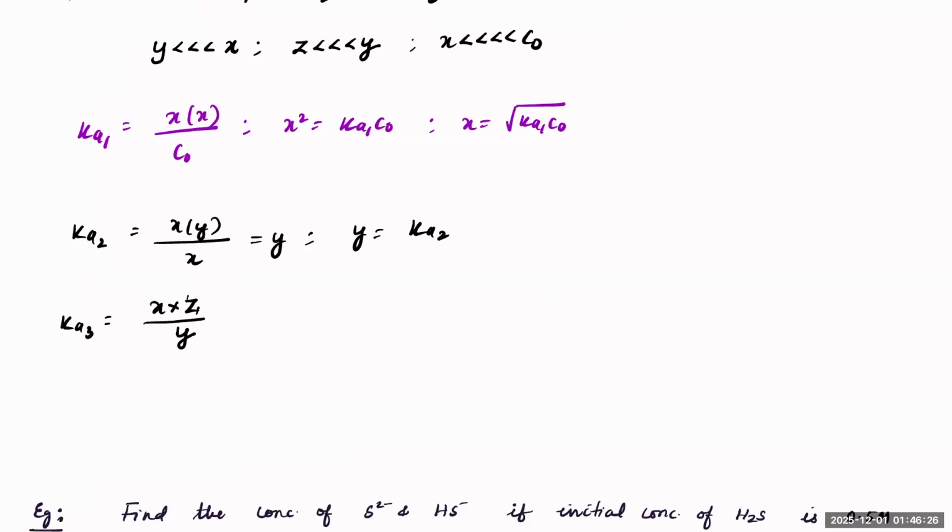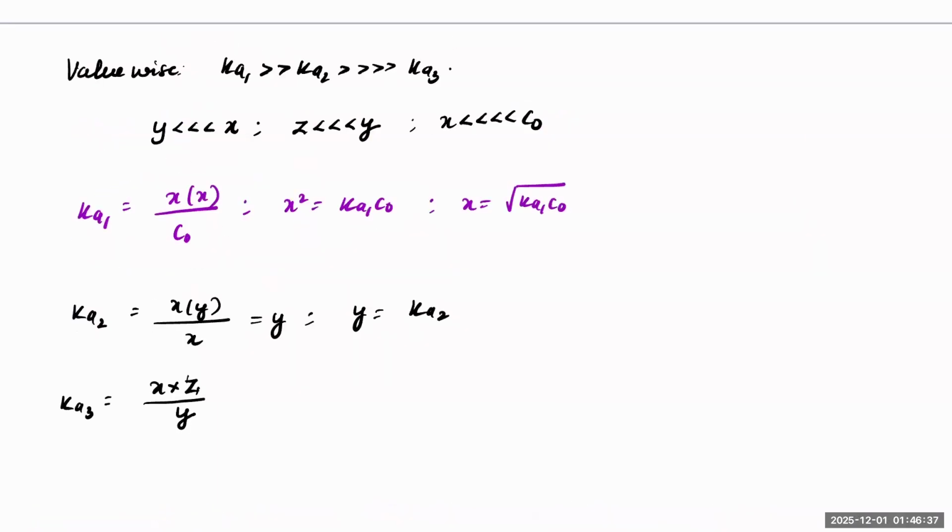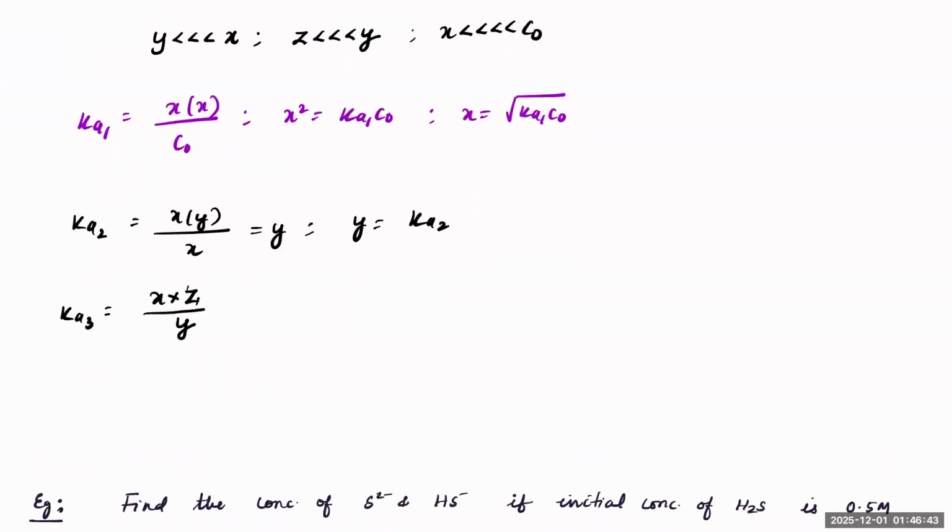So from here, we can calculate the unknown concentration, which is Z. Y can be calculated from here. X can be finally calculated from Ka1 value, that is under root of Ka1 C naught. So that's how we can calculate the value of H plus ion concentration. Now this X is nothing but H plus ion concentration.